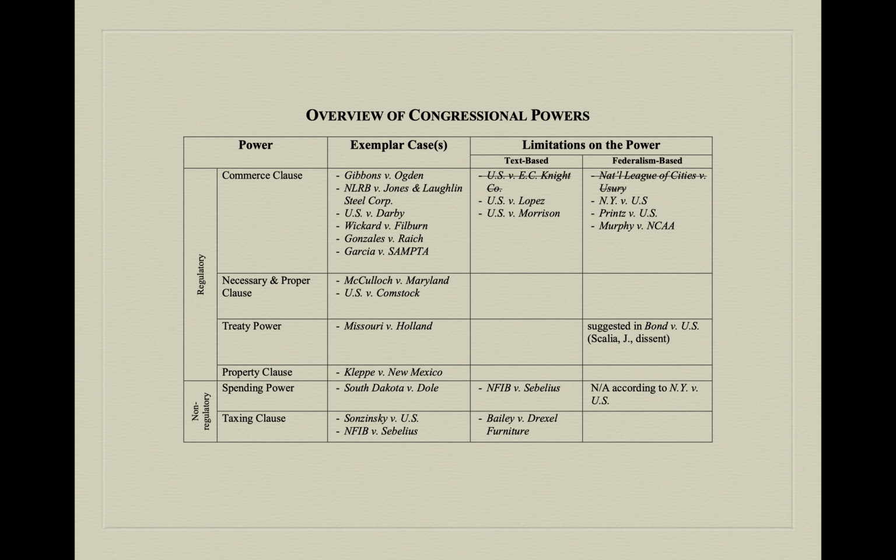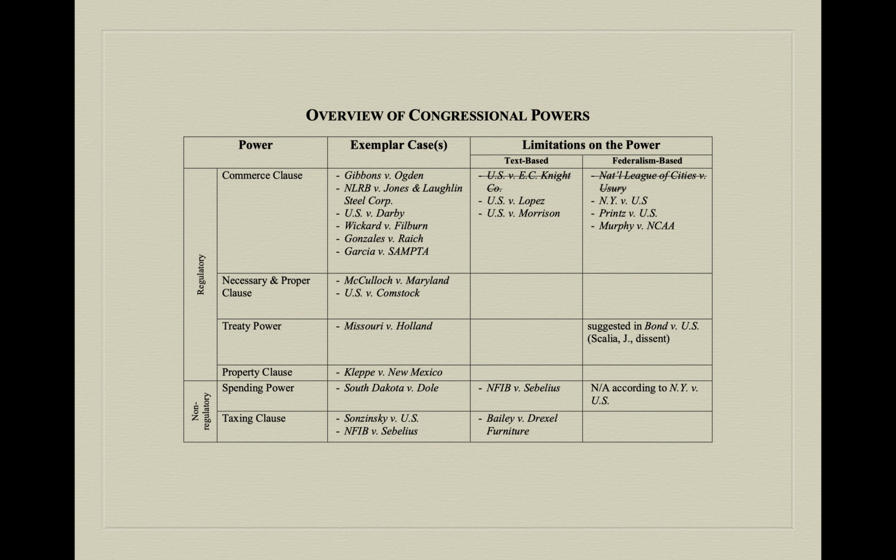So you could look at the text-based column as being internal reasons. The regulation isn't a valid regulation of the thing that Congress is pointing to in the text of the Constitution. This is not a regulation of commerce. This is not, if there was something in the necessary and proper category, this was not necessary and proper.